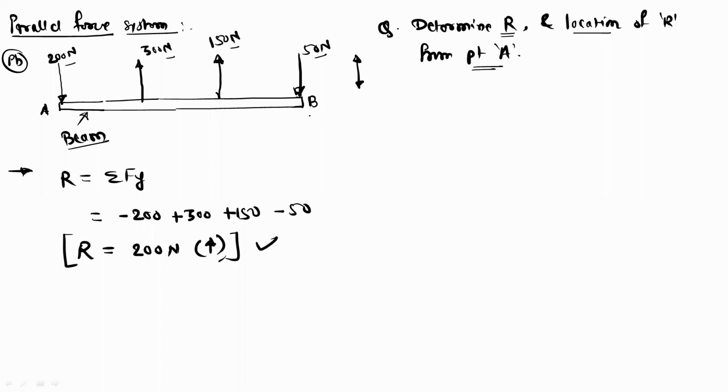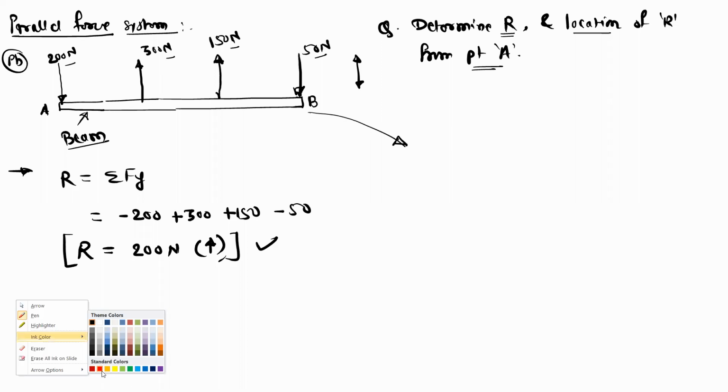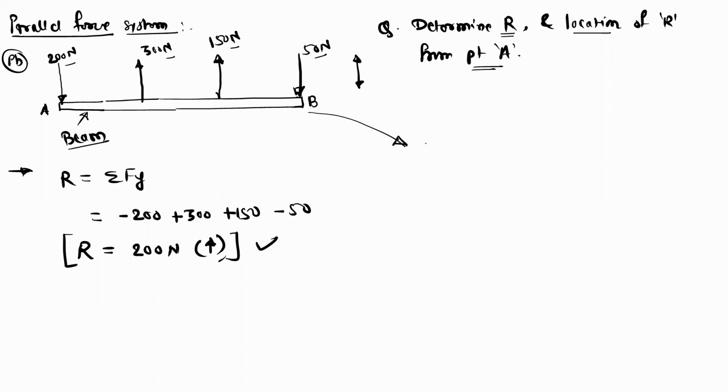So now we have to replace this system by the resultant system. So we can draw the resultant system. So draw the beam AB as it is. So this is the beam AB. Now replace all 4 forces by the single force, that is nothing but the resultant.